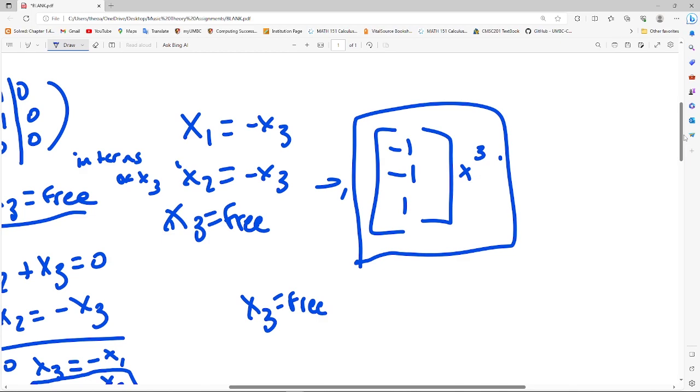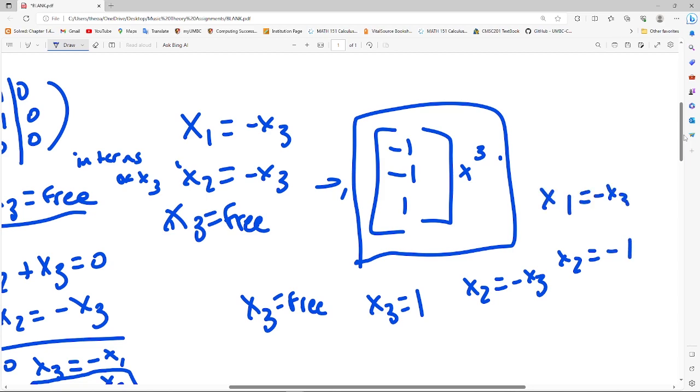So it can be whatever we want. So let's say x3 is equal to 1. x2 is equal to negative x3, so x2 is equal to negative 1. And then x1 is equal to negative x3, so x1 is equal to negative 1. Negative 1, negative 1, 1. And that's our answer for that question.